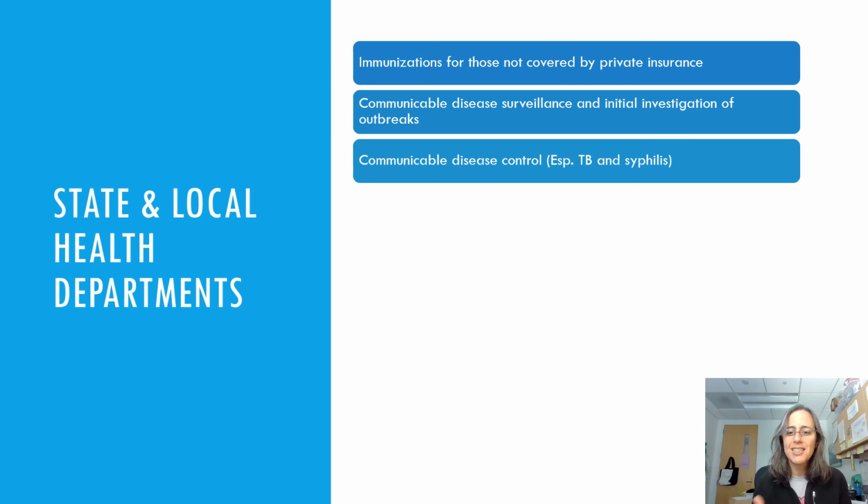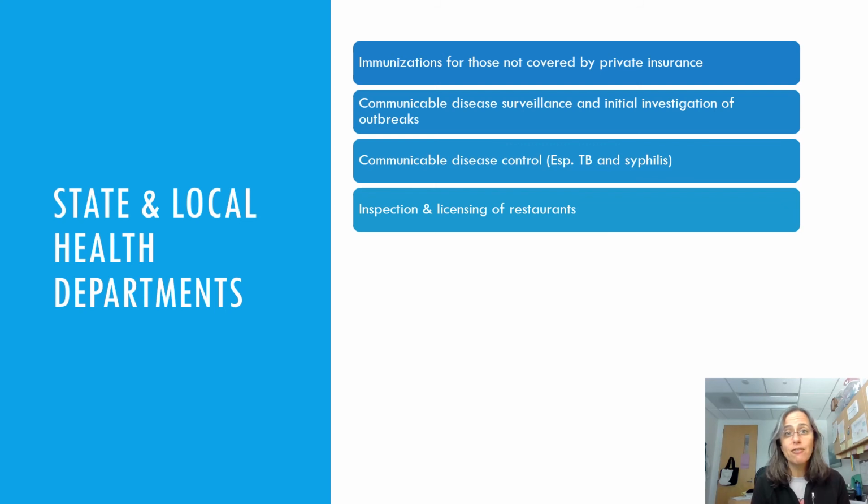Tuberculosis and syphilis are important historical examples, and usually a lot of health departments have a mandate that they have to help control those things. But our local county health department is very involved in contact tracing and assuring appropriate treatment and testing for all types of sexually transmitted infections, right? Because we have those reportable diseases that you might remember.